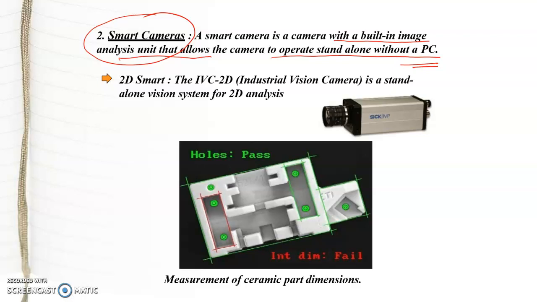The camera itself can compare the image with the predefined drawings. In this example, you can see that this camera is loaded with the built-in image analysis, so the lines are built in, and this is compared with the components in the image captured by the camera, and if these are matching within the tolerance limits, we can accept, or otherwise this part will be rejected.